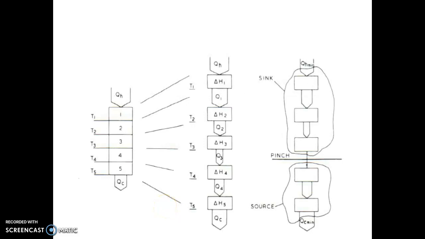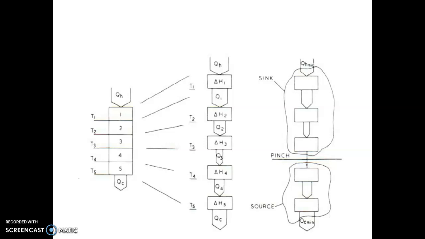So if we have a process wherein there are a few hot and a few cold streams, and we convert them into a cascade of energy wherein you have different temperature intervals, starting from interval 1 to 2 to 3 to 4 to 5, and we analyze all those process streams using the problem table algorithm, we find out the minimum amount of hot utility and minimum amount of cold utility, which we already discussed in one of the earlier videos.